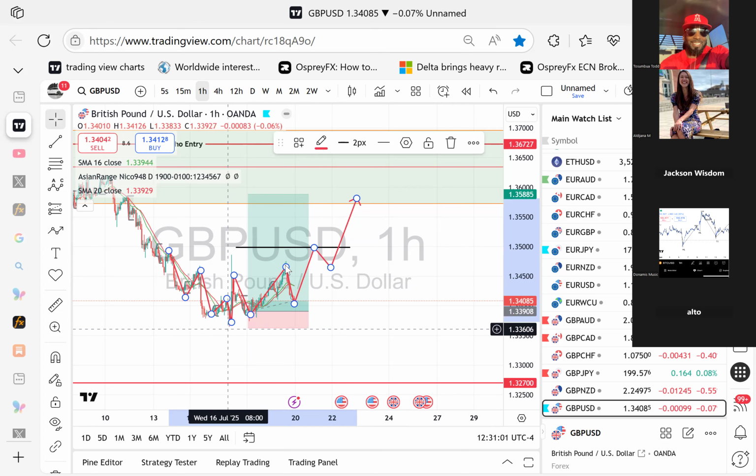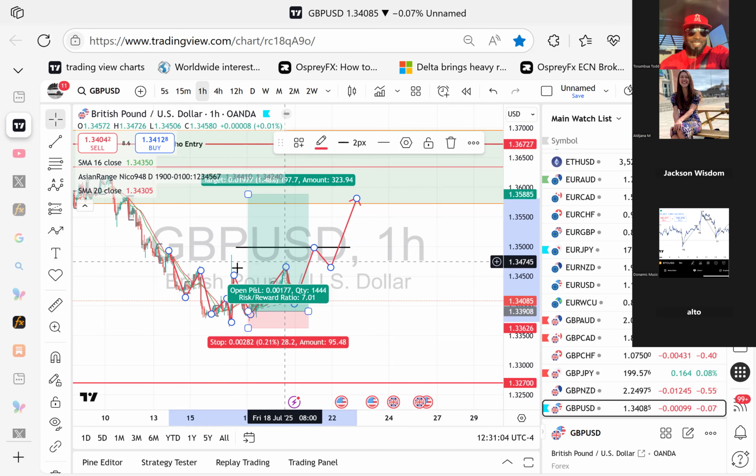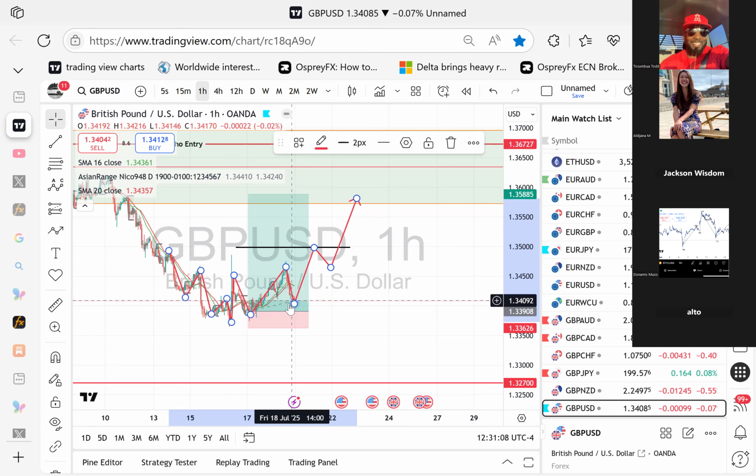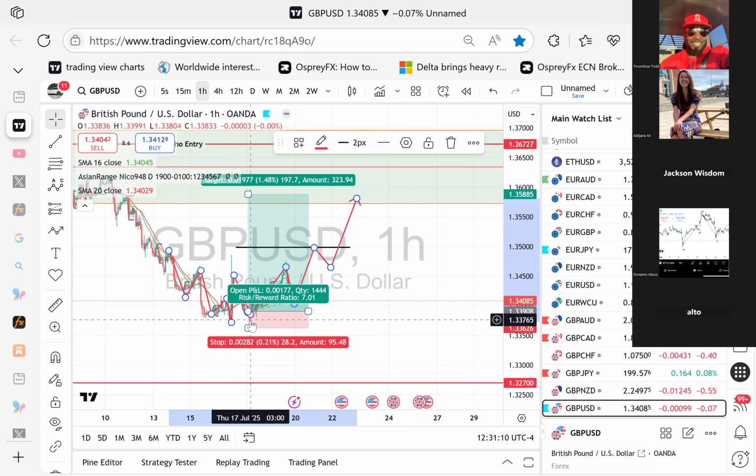If you waited for this move up in the break of this high, then you got to wait for this pullback for your entry, and your stop loss is going to be at this low. Does that make sense? It's basically just a different time of entry. But the difference is you as a trader picking your structure points and sticking by them.